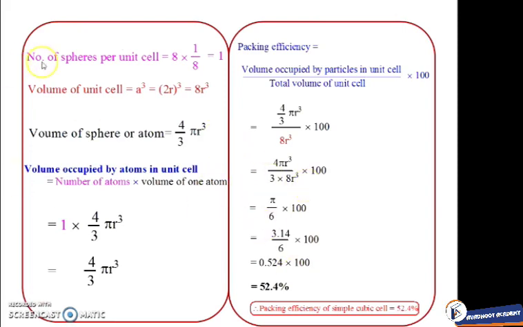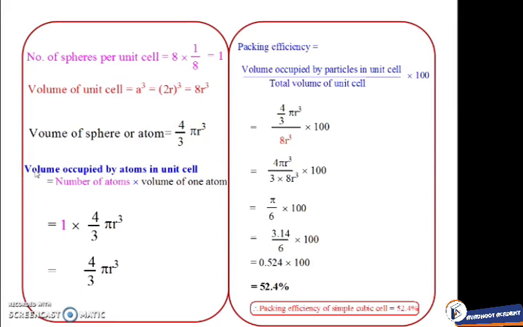Now you know that the number of spheres per unit cell in case of simple cubic cell is equal to 1. And the volume of unit cell is side cube, that is a cube, but a is equal to 2r, and therefore the volume of unit cell is equal to (2r) cube, that is equal to 8r cube. Now the volume of sphere or atom is a constant, that is equal to 4 by 3 pi r cube.